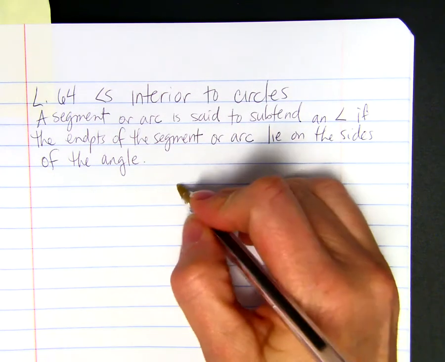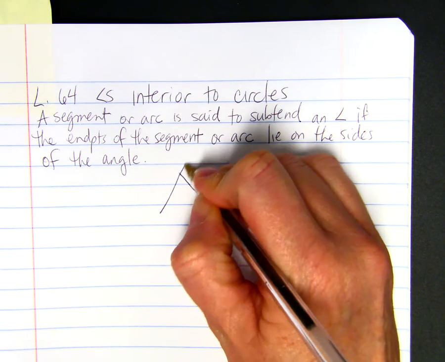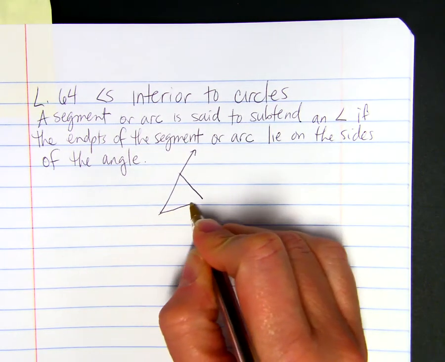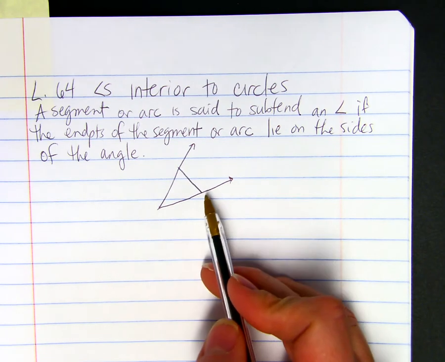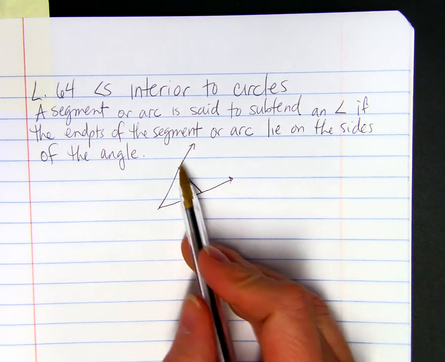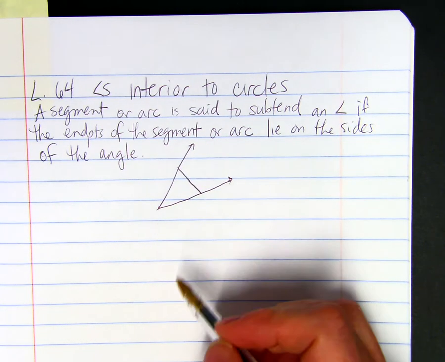So if you have an angle that goes through the endpoints of a segment, so the endpoints of the segment are on the angle, then you can say that this segment subtends the angle.